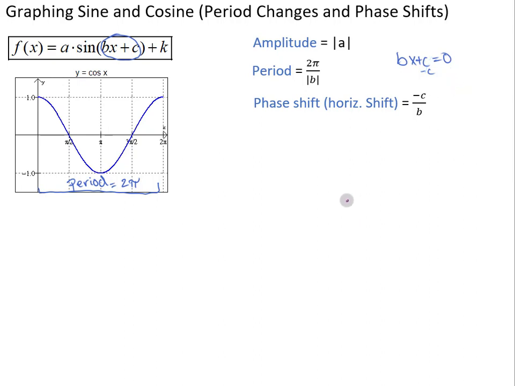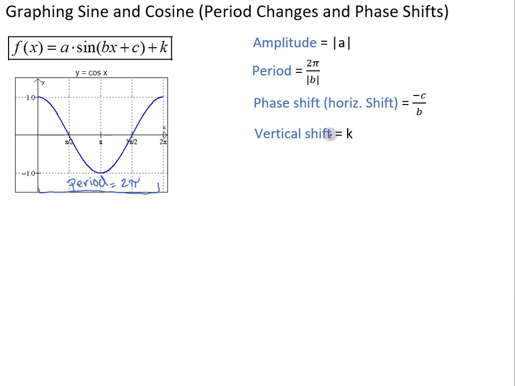So it's essentially just setting the inside equal to 0 and solving for x or theta or whatever variable they put in there. That's called our phase shift, and that will tell us if we've shifted left or right. By doing the opposite of c over b, that sign is going to tell me if this value comes out negative, we've shifted left. If it's positive, we shift right.